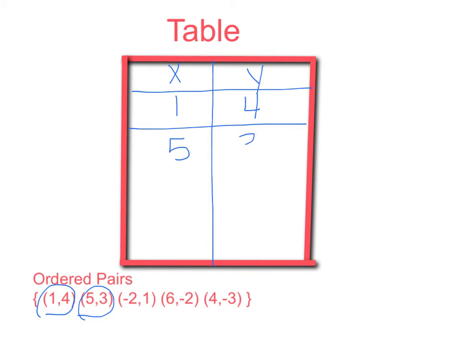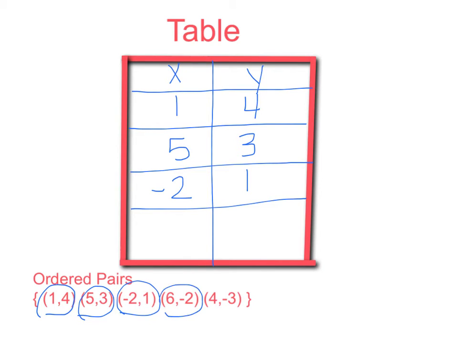Then -2, 1. 6, -2. And then 4, -3. That's all you'll need to do in the relations is just to put them in a table, making sure the x's are in the x column, the y's are in the y column, and that the ordered pairs stay together.